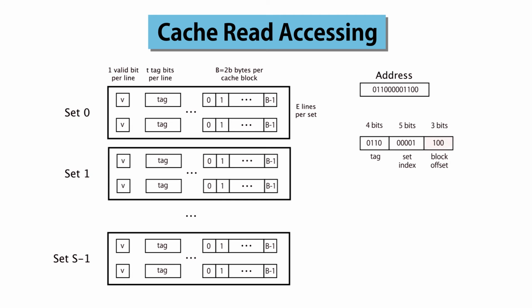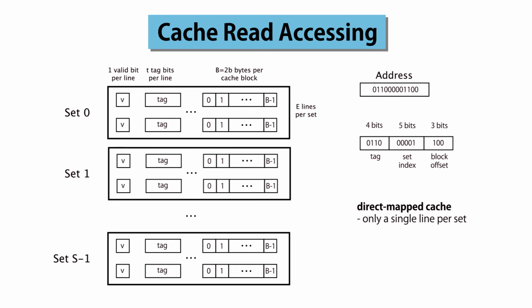Since the block offset is 3 bits with 8 possible values, we expect each cache line to contain 8 addresses. And since the tag field is 4 bits, we expect the tag in each line also to be 4 bits long. The number of lines per set is independent of the address and is determined by the cache designer.